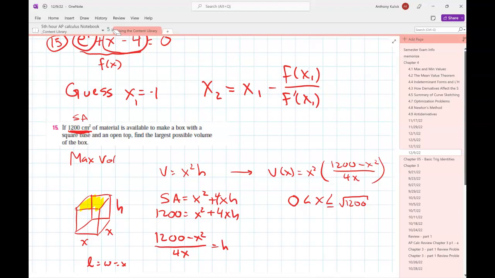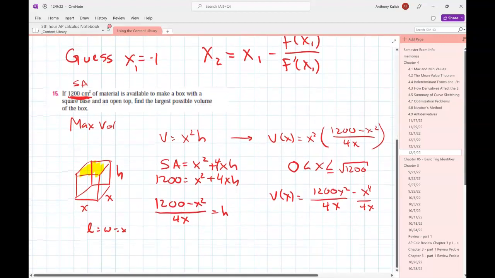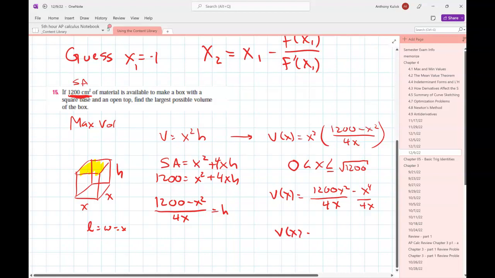Okay. Now it's time to take the derivative. I look at this and I'm like, oh, there's a product and quotient rule. Yuck. I'm going to do some algebra and just turn this into a polynomial, because I don't want to hassle through all that calculus. So if I distribute the x squared through, and I'll rewrite these with common denominators as two separate fractions, I can then reduce each of those fractions.